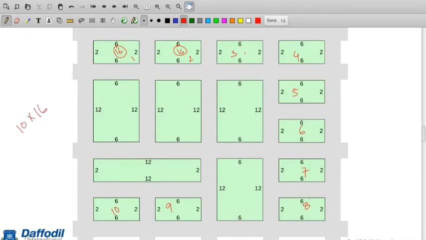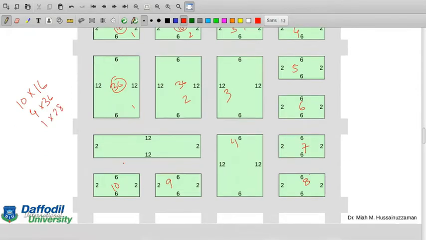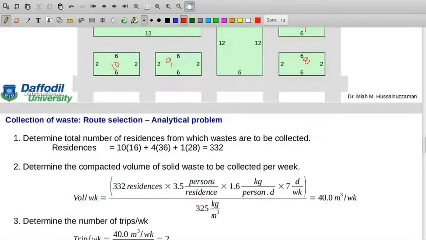This is 12, 12, 6, 36 families living here. So 36, 1, 2, 3, 4. 4 blocks with 36 families, and this is 12, 12, 24, 28. 1 block with 28 families.